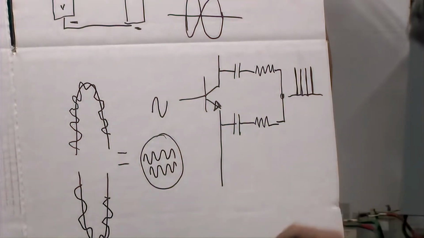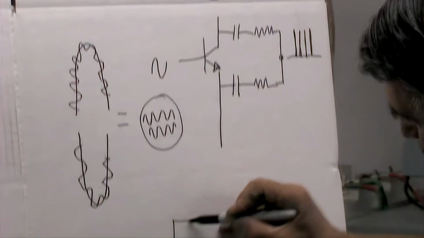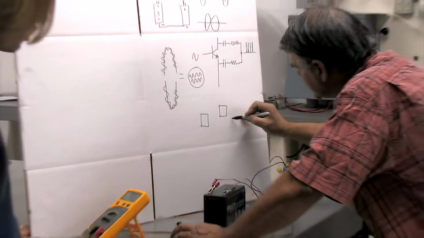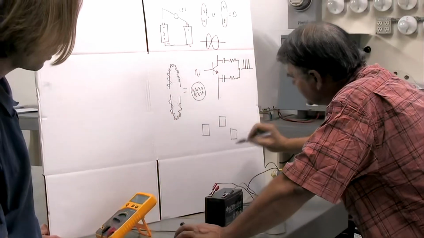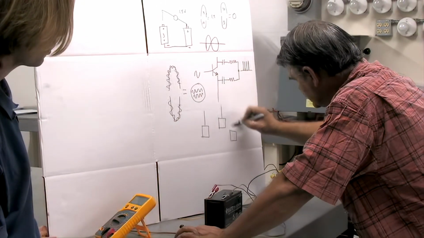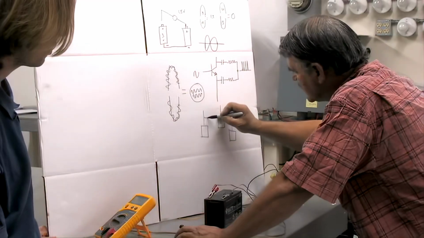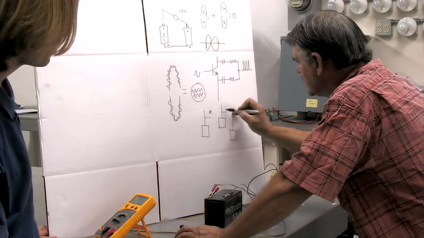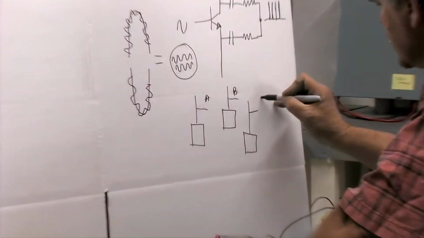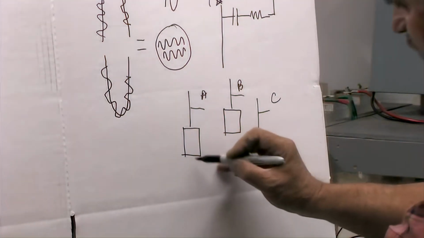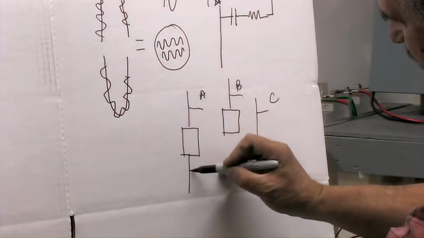So suppose we did a sophisticated circuit and there was a device here, and there was a device here, there's a device here. And I pick off all these structures, A, B, and C. Okay, and they both have similar structures, right?